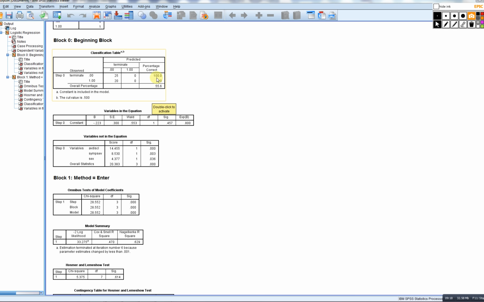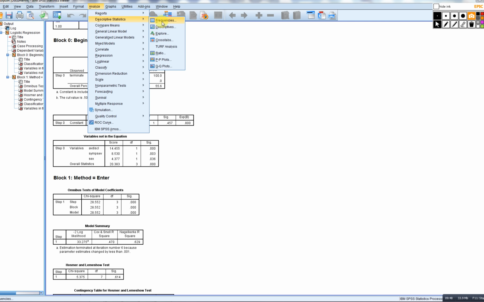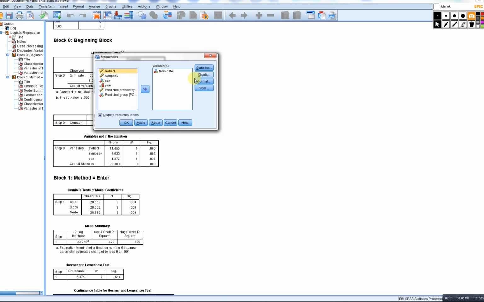We had 20 individuals who were observed to terminate within the first 2 months, and you can see that all 20 of those were predicted based on the intercept-only model not to terminate. So in other words, these were all misses right here. So in terms of classification accuracy, it was 0%. So the overall accuracy rate is 55.6%, and you can see that just pretty much mirrors what we would have if we asked for a bar chart.